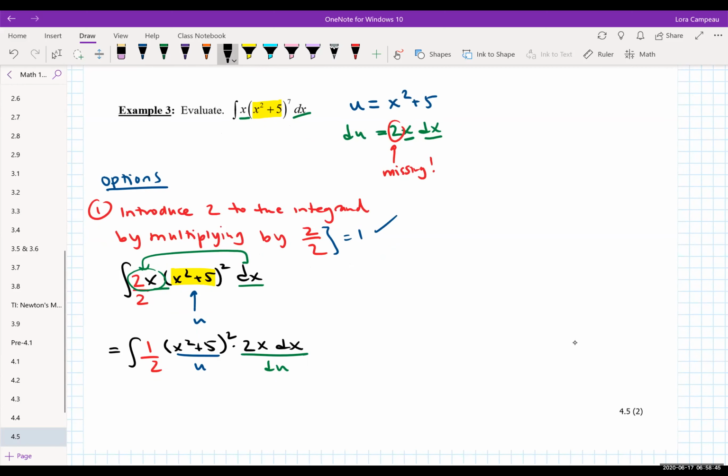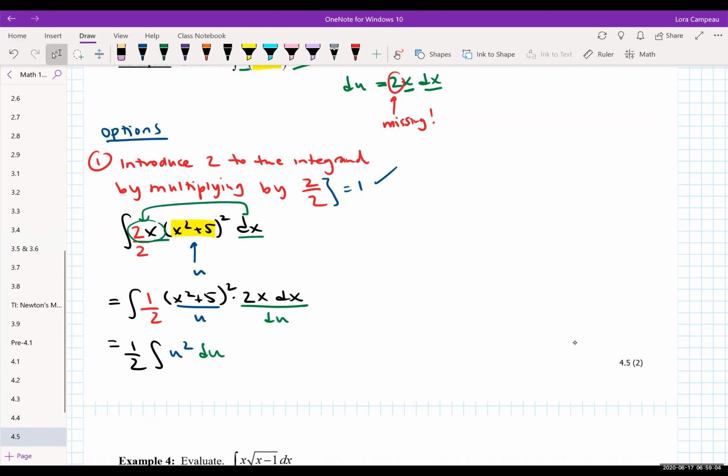Now we clean it up a little. I have a factor of 1/2, I'll factor it out, and I'll do the substitution. So I should have u squared times du. And now a whole lot nicer. I think I'm running out of room, but I'll go sideways. I have 1/2. Whenever I integrate, I should have u cubed over 3, and then plus c.